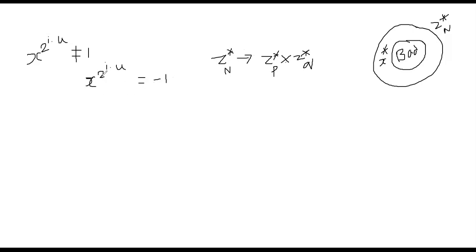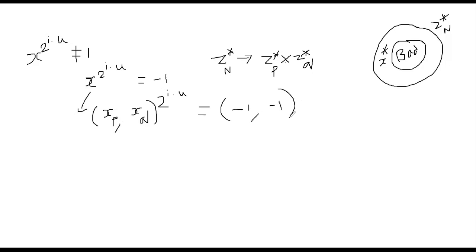Say x power 2^i times u is equal to minus 1. Let's assume x maps to the pair xp, xq. When we apply the Chinese remainder theorem, any element x from Z star n gets mapped into x mod p, x mod q. What is minus 1? When you map it to Zp, Zq, it becomes minus 1, minus 1. That's something we talked about earlier.